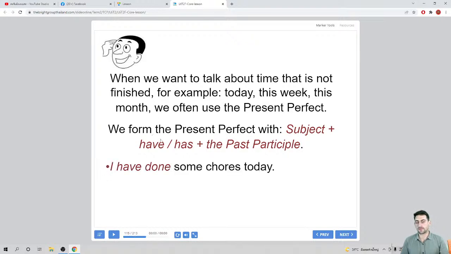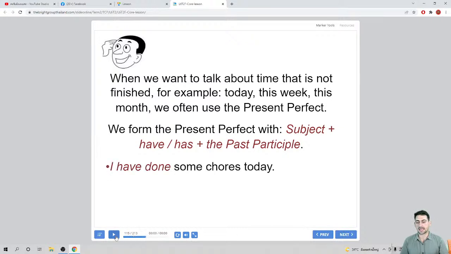The structure is: subject, auxiliary verb have or has for the third person. We cannot say he have, but we can say he, she, it has. Subject, have or has, and the past participle.